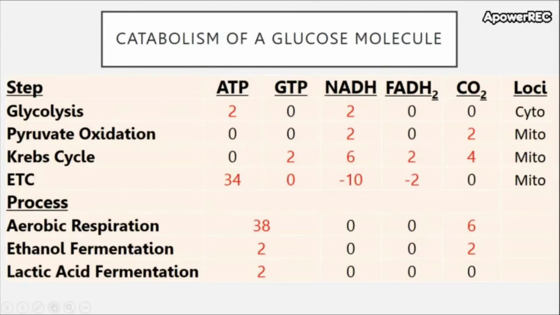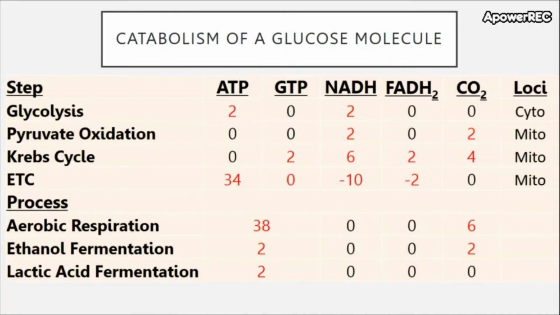This table is a summary of what we've discussed so far. The summary has each step and the constituents we need to follow here, the ATP, the GTP, NADH, FADH2, and the CO2 produced, and where they are being produced at.